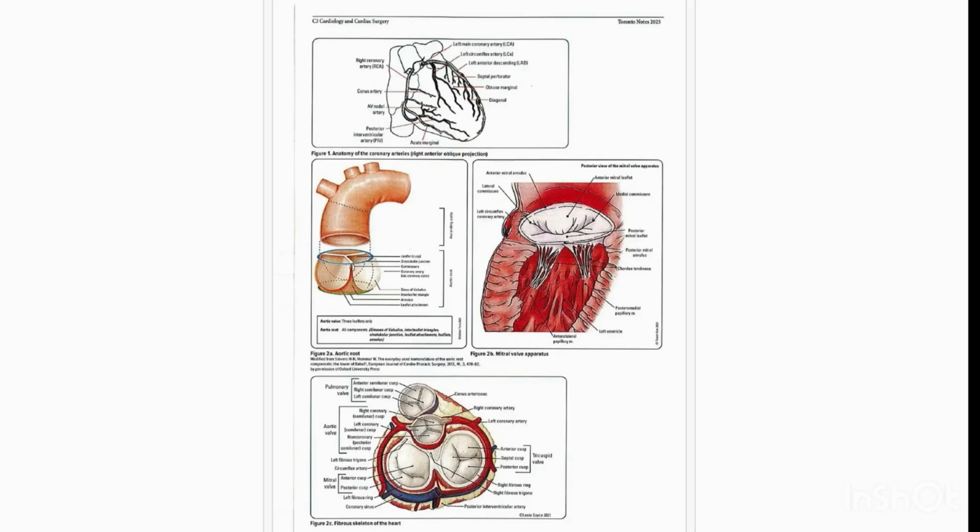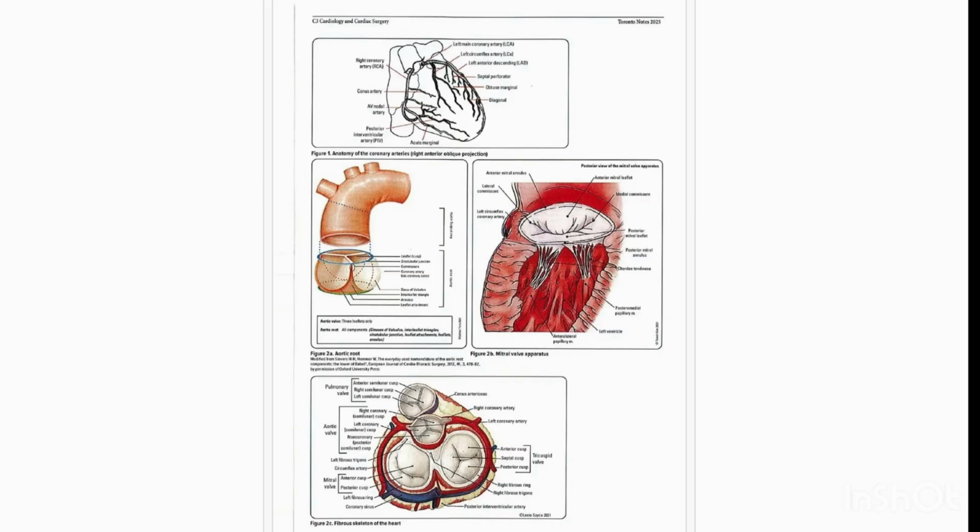Notice how the structural integrity of this valve relies heavily on the subvalvular apparatus. The chordae tendineae anchor the leaflets directly to the powerful anterolateral and posteromedial papillary muscles anchored within the left ventricle.